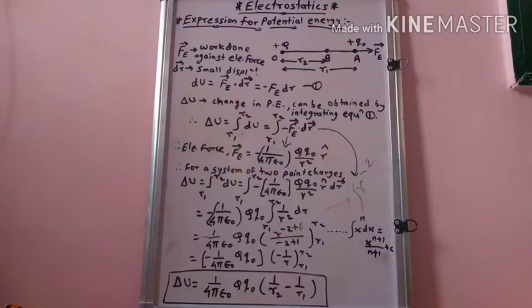This is the change in the potential energy, which depends only upon the end points and is independent of the actual path taken by the charge. The change in the potential energy is equal to the work done.